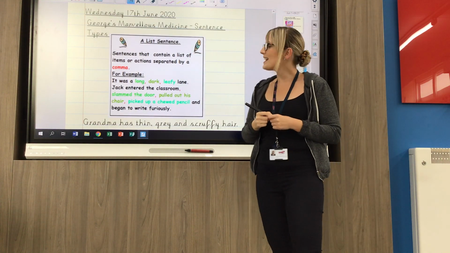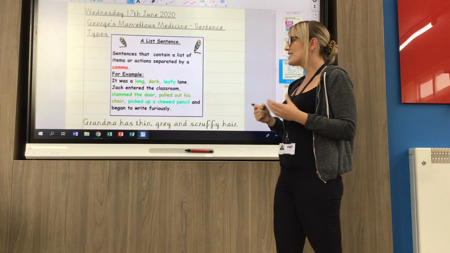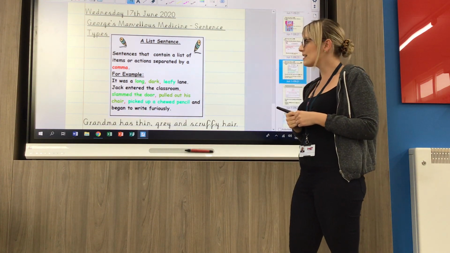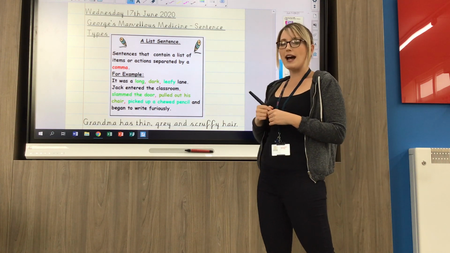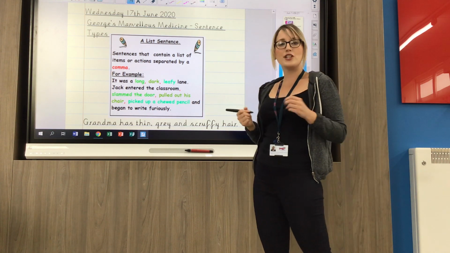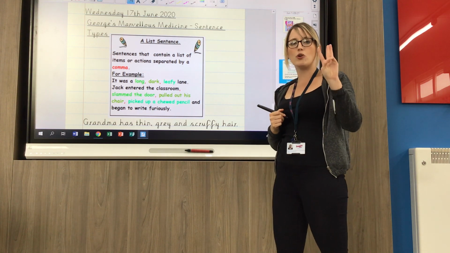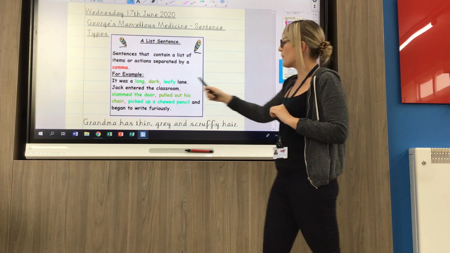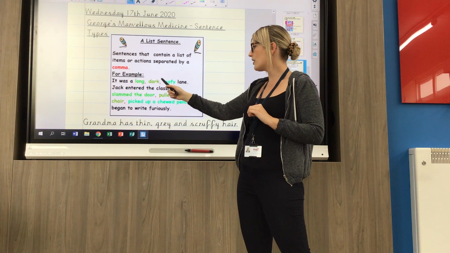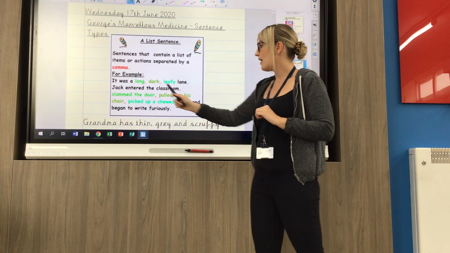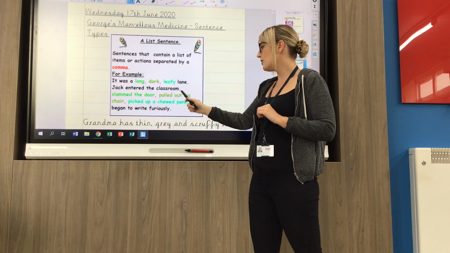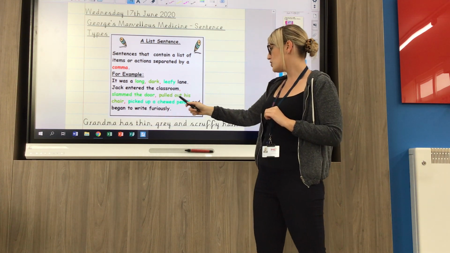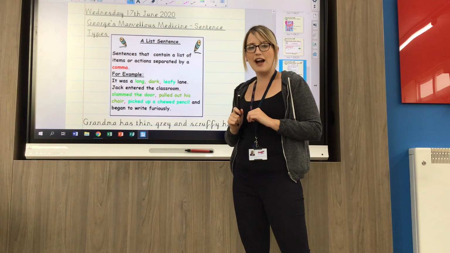Moving on to a list sentence then. These are sentences that contain a list of items or actions or adjectives separated by commas. It's a bit like a 2A, but this time it's three or more. So: it was a long, dark, leafy lane. Or: Jack entered the classroom, slammed the door, pulled out his chair, picked up a chewed pencil and began to write furiously.